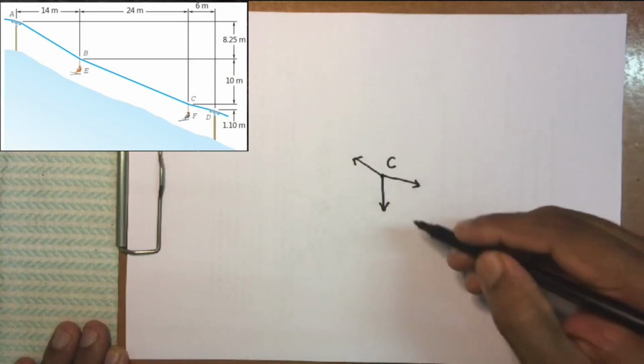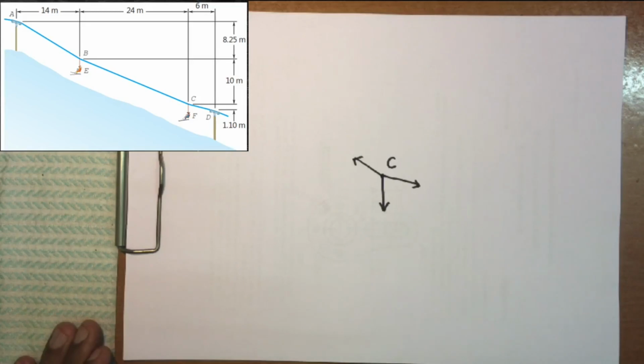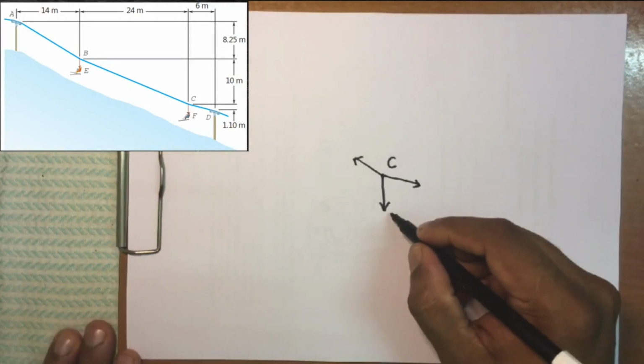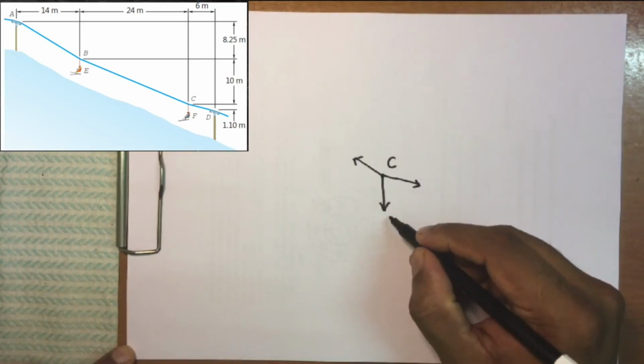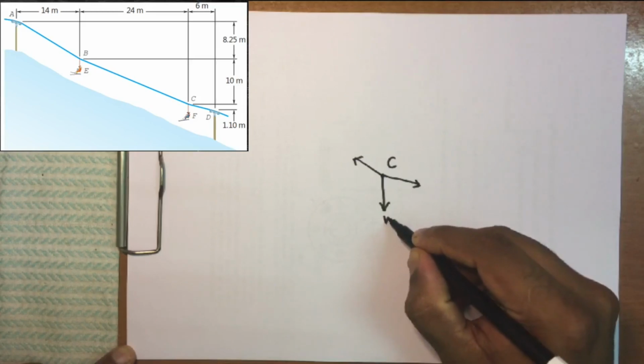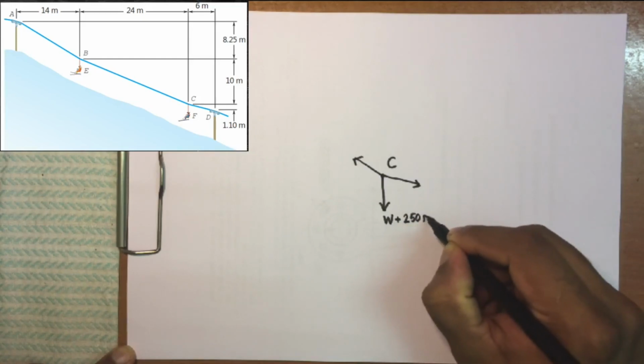In this condition, it is mentioned that each chair is weighing 250 Newtons and the weight of the skier in chair E is given as 765 Newton. So let us assume that the weight of the skier sitting in this chair F is not known. So this will be W, that is the weight of the skier, plus 250 Newtons.